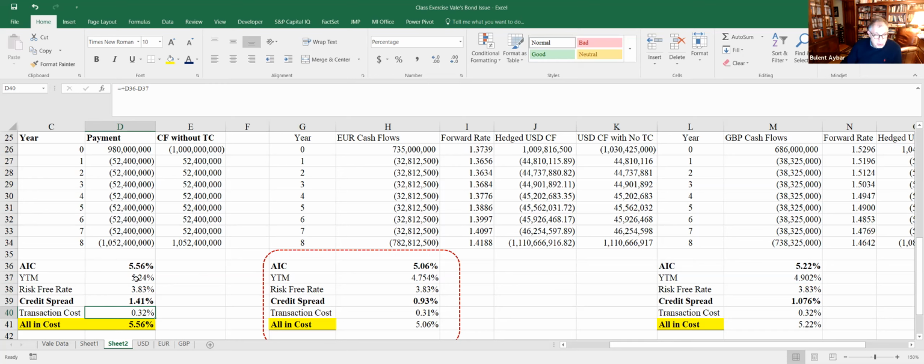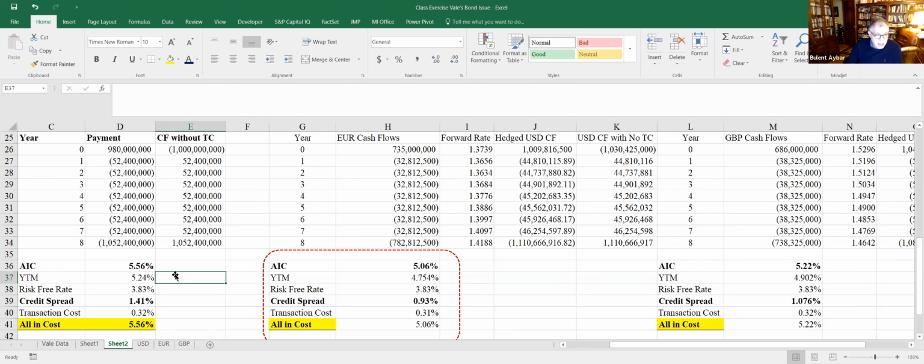The yield to maturity is essentially equal to the risk-free rate of return plus the default risk premium or credit spread of a bond. So since yield to maturity is composed of the risk-free rate of return and credit spread, if you know the risk-free rate of return, we could solve for the credit spread from yield to maturity. This is what we did.